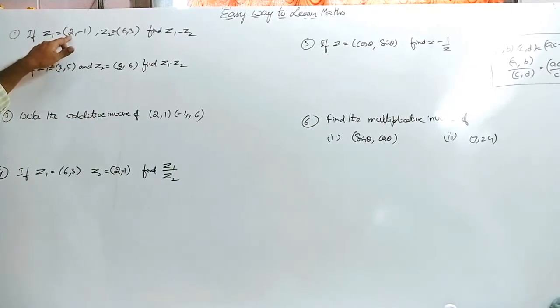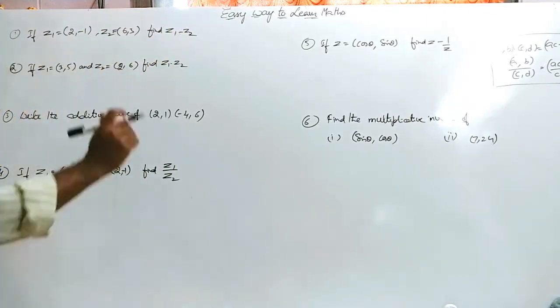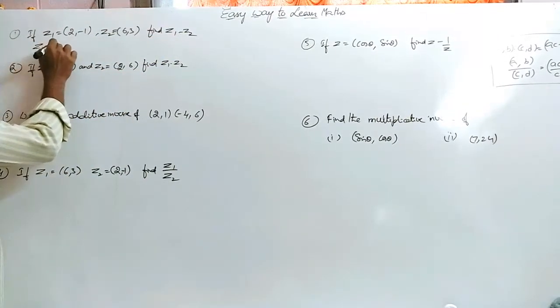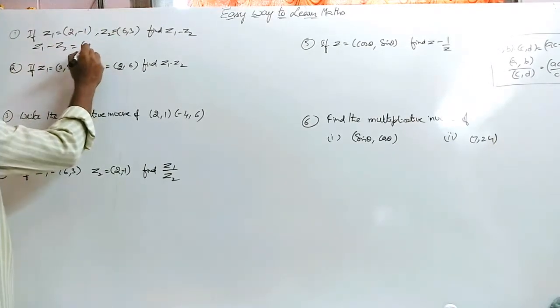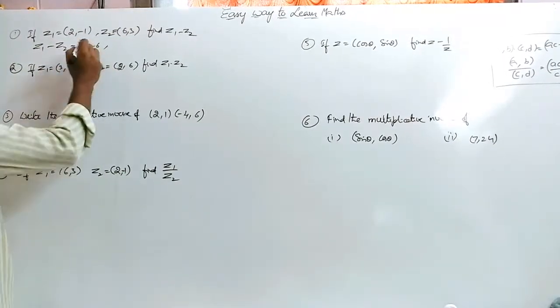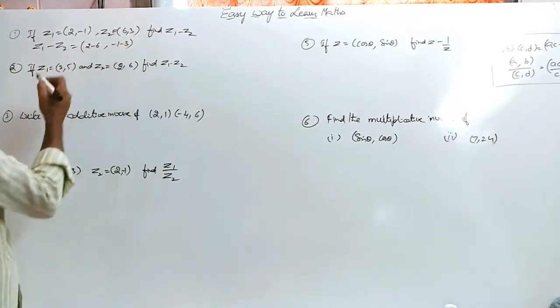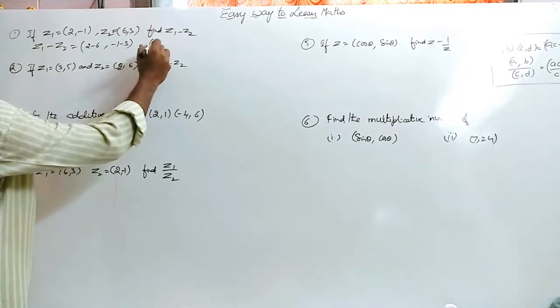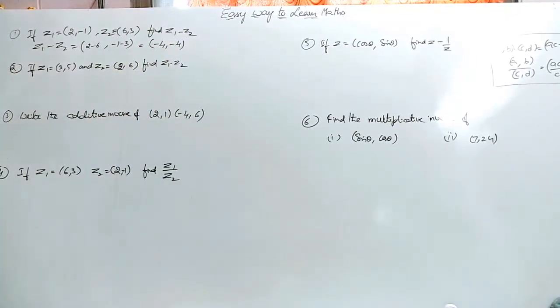First of all, we have to handle real parts and then imaginary parts. Z1 minus Z2 is equal to real part minus real part, 2 minus 6, comma, and again the imaginary part, here minus 1, here minus 3. Therefore, Z1 minus Z2 is equal to (minus 4, minus 4).